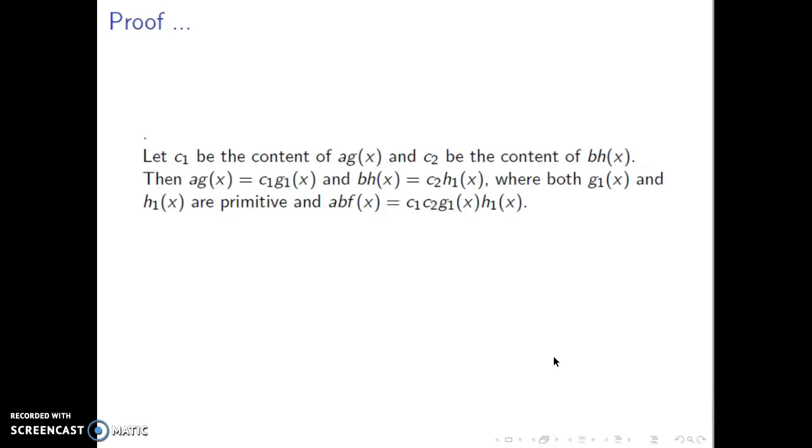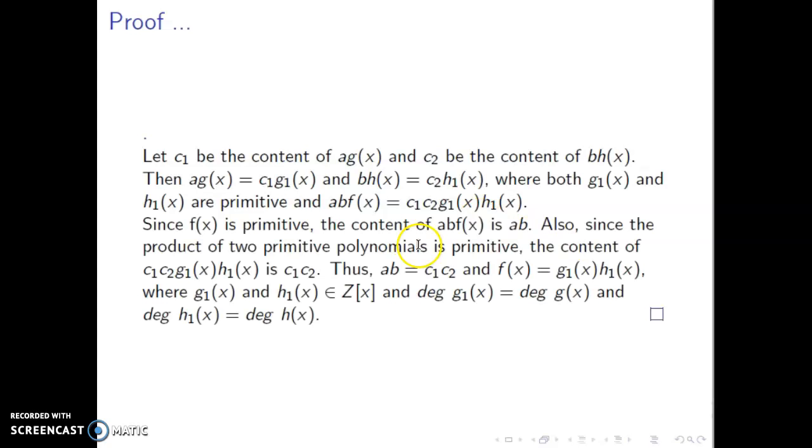Let c1 be the content of a times g(x), c2 be the content of b times h(x). Then a times g(x) is equal to c1 g1(x), and b times h(x) is equal to c2 h1(x), where both g1(x) and h1(x) are primitive, and ab times f(x) is equal to c1 c2 g1(x) h1(x). Since f(x) is primitive, the content of ab times f(x) is ab.